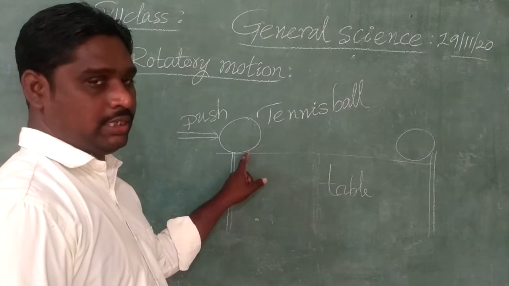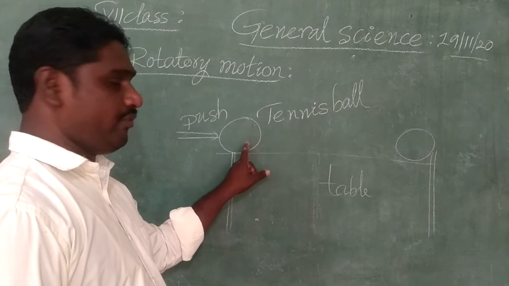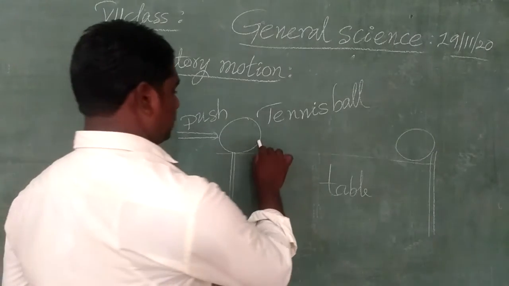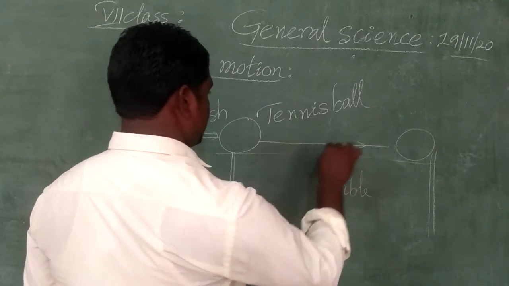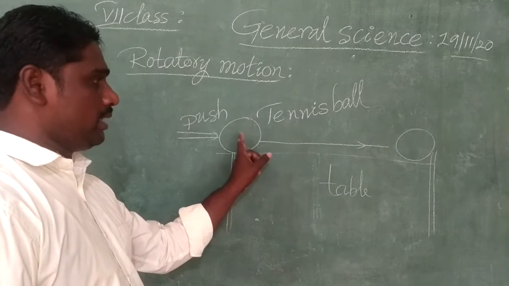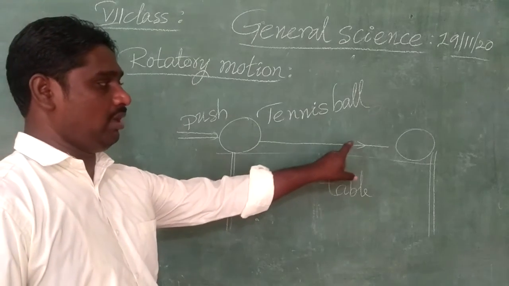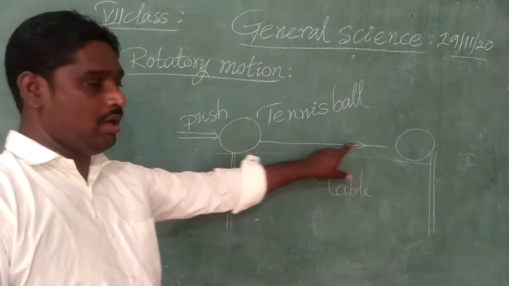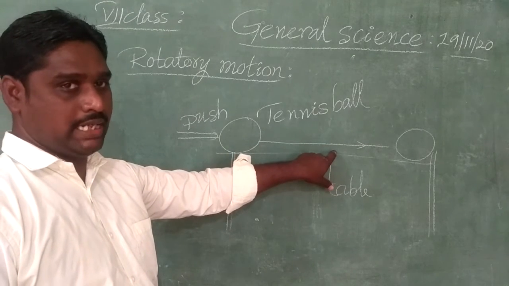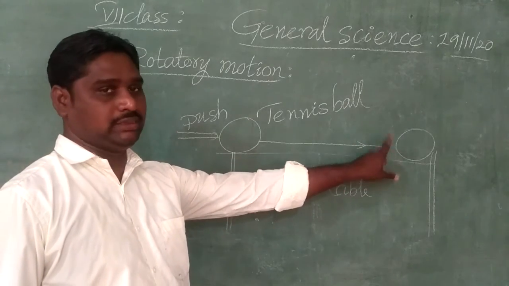In this motion, all the particles of the tennis ball move along with the direction of motion of the tennis ball. So all particles move on a straight line along with the tennis ball.